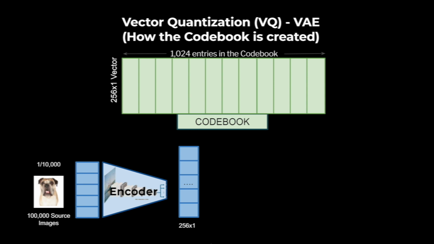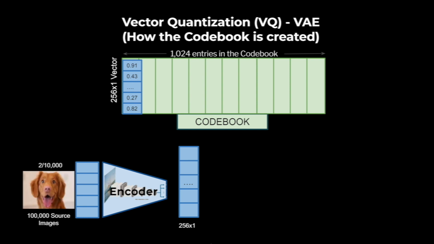Now let's process the very first image in our source. The first image is processed and its mean and standard deviation based encoded vectors are generated. At this point, all codebook entries are empty because this is the first entry, so the current encoded values are placed into the codebook in its first place.